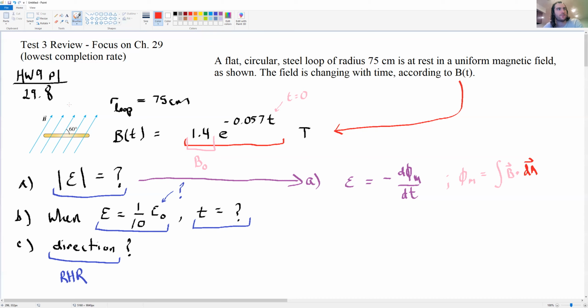Does everybody agree with that? Or does anybody think that it should be down? Who can tell me, besides Tien and David, why we wouldn't choose the normal to be down? So what would be wrong with choosing the normal vector to go down like this?